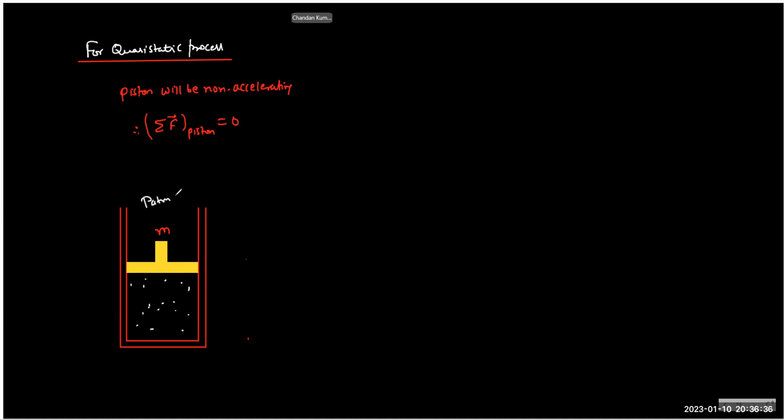Atmospheric pressure I will call P naught. Area I will call A, and it is a vertical cylinder. Can you draw the FBD of the piston? And tell me what is the pressure of the gas? P is how much?